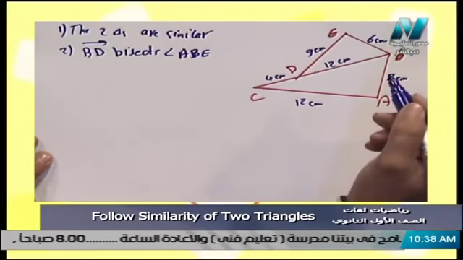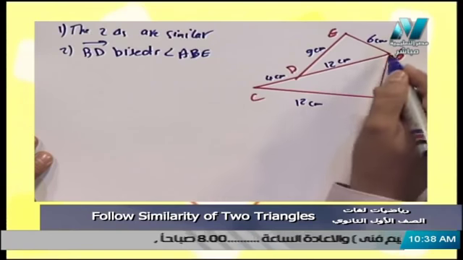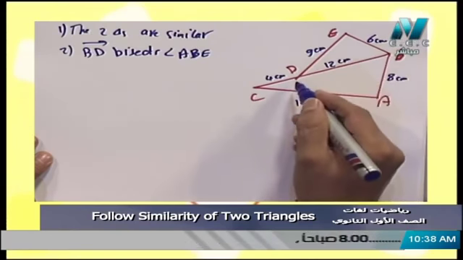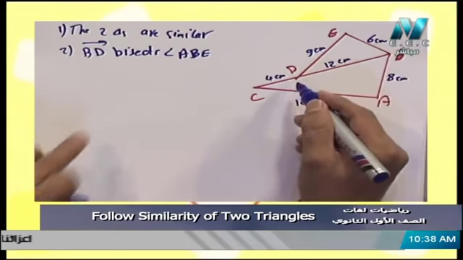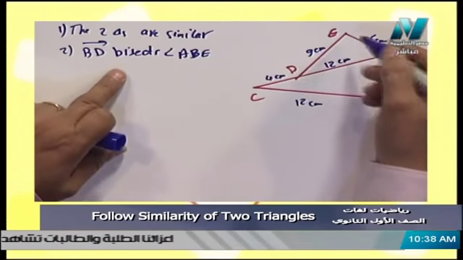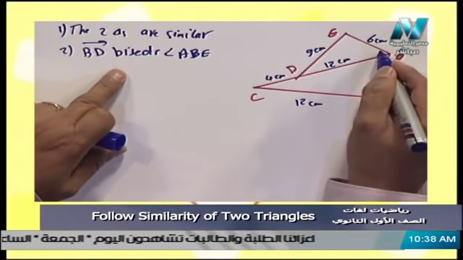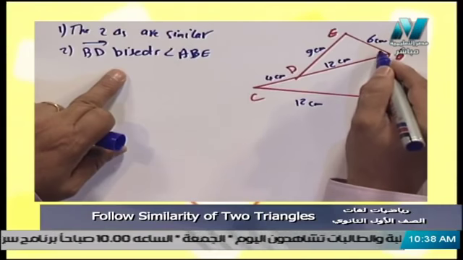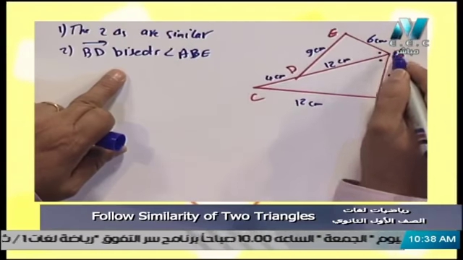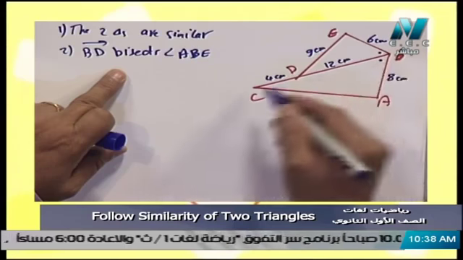The ray BD here is this one. The request is to prove that it bisects the angle EBA. That means that we would like to prove that the measure of angle EBD equals the measure of angle ABC.